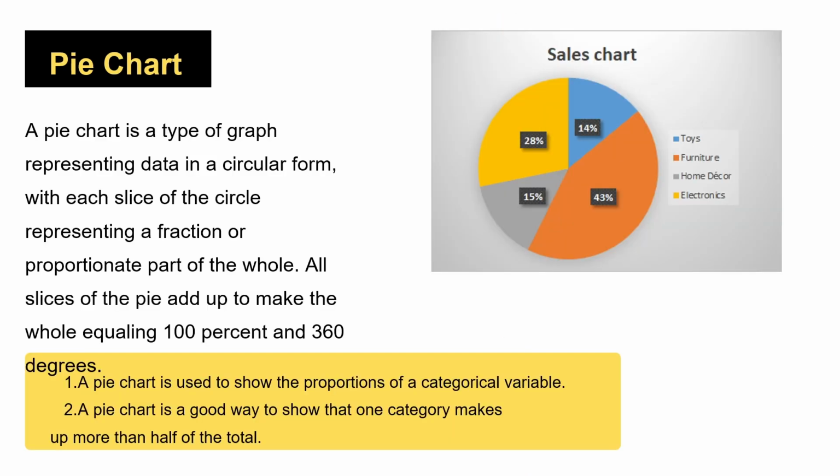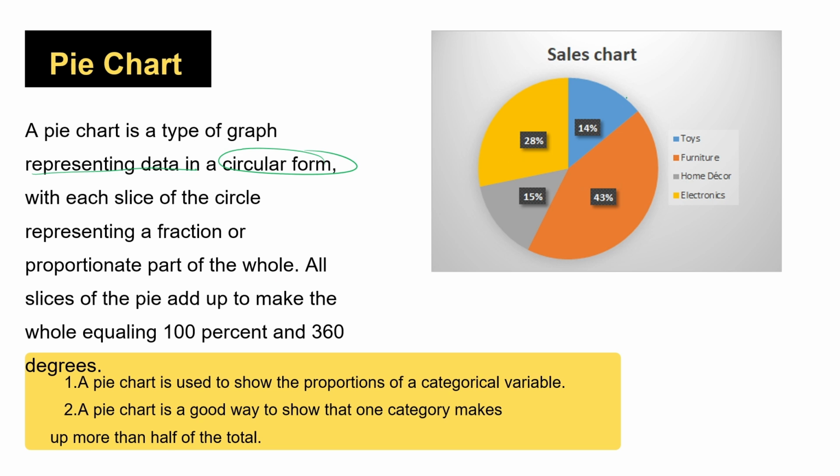So let's move further. Now we have pie charts. A pie chart is a type of graph representing data in a circular form, with each slice of the circle representing a proportionate part of the whole.